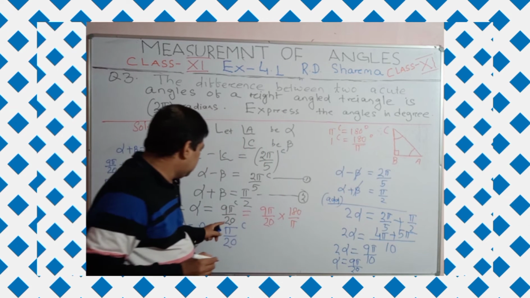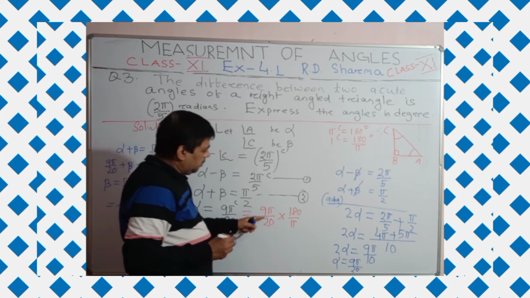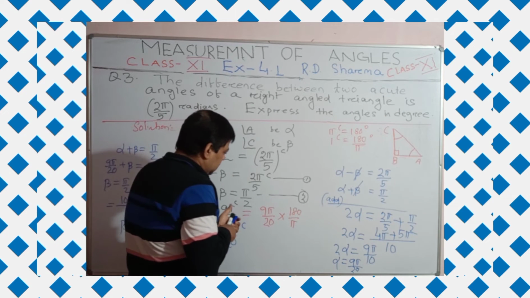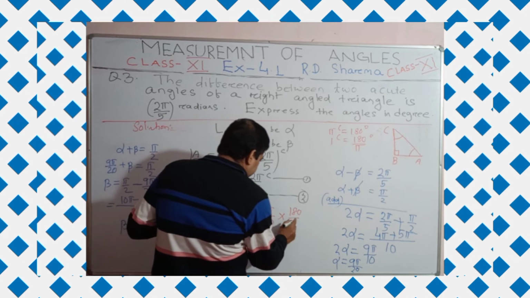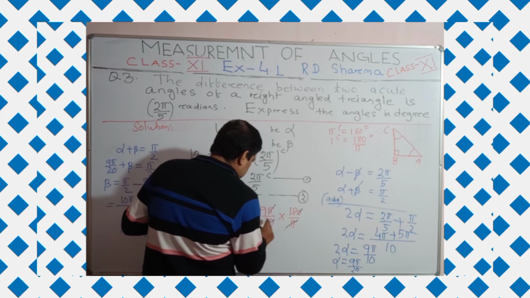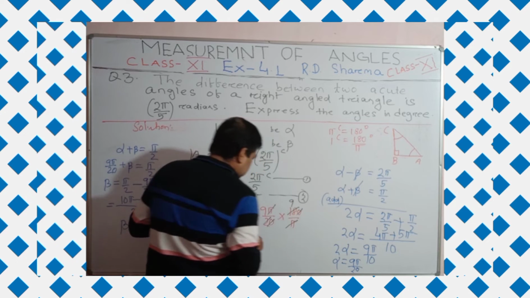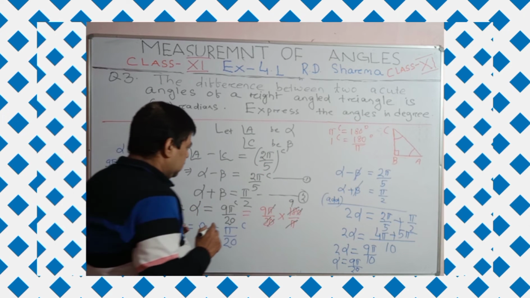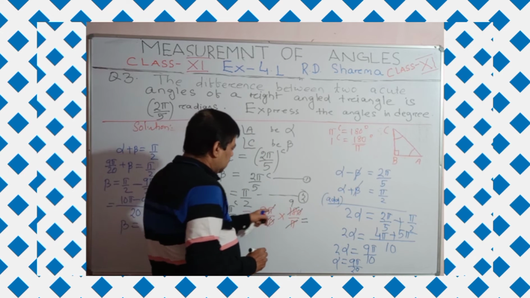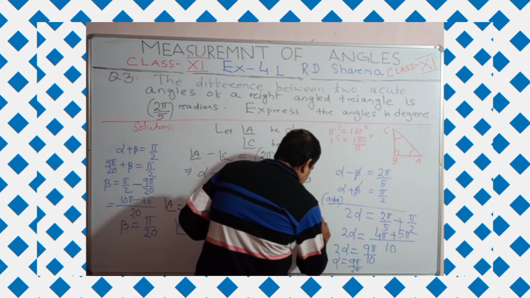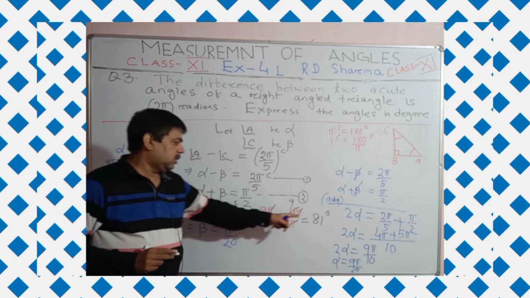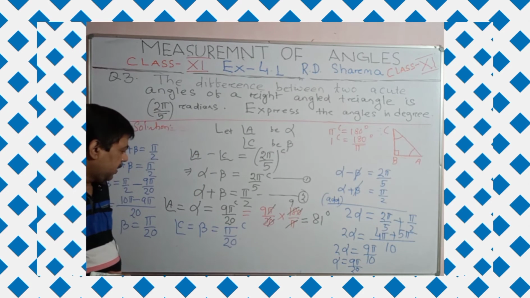So you can cancel pi here, cancel 20 with 180 and you get 9. Understand? And it will be 9 times 9, 81 degree. So alpha is equal to 81 degree, which is angle A.